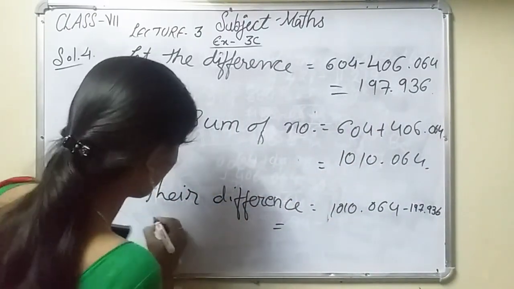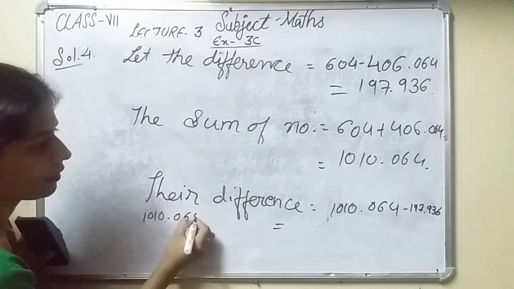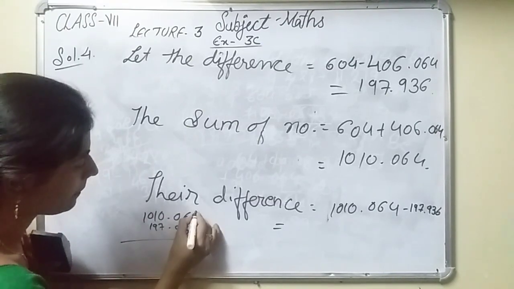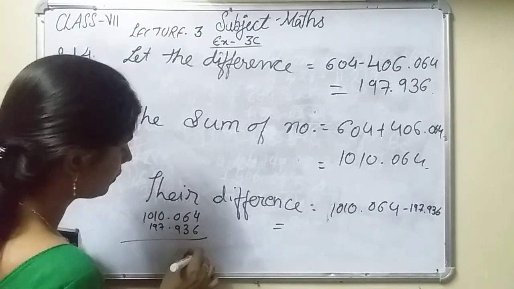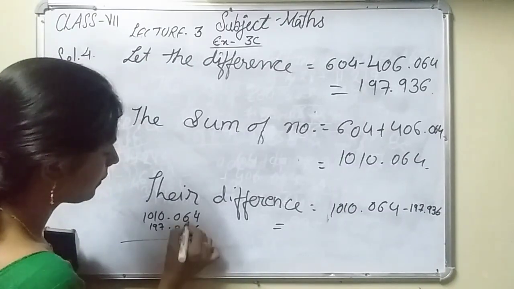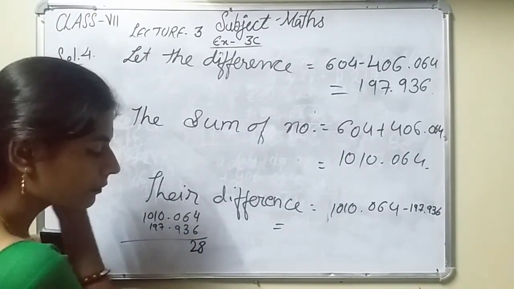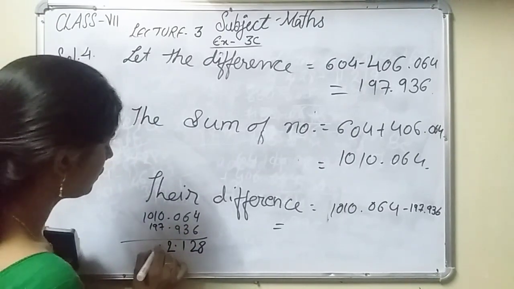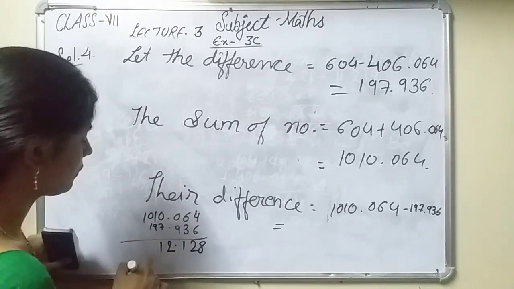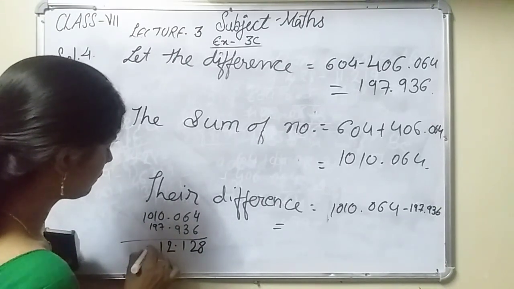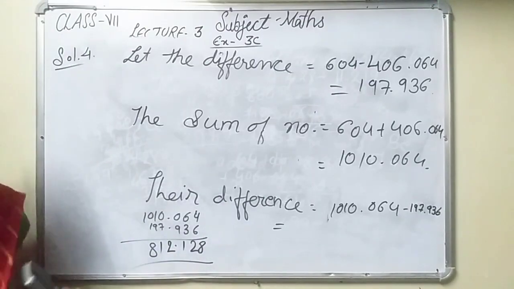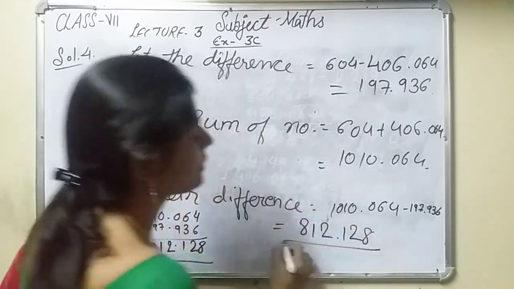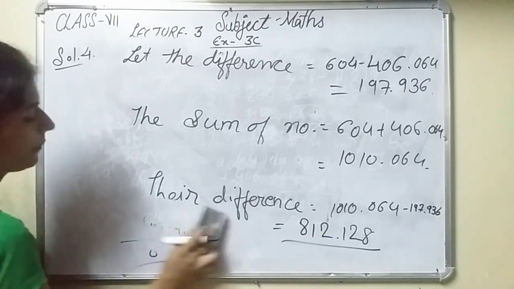What is the difference you will get here? It is 812.128. Okay.